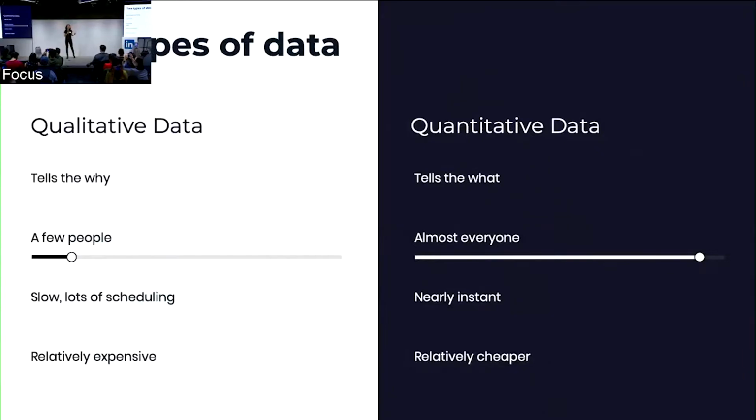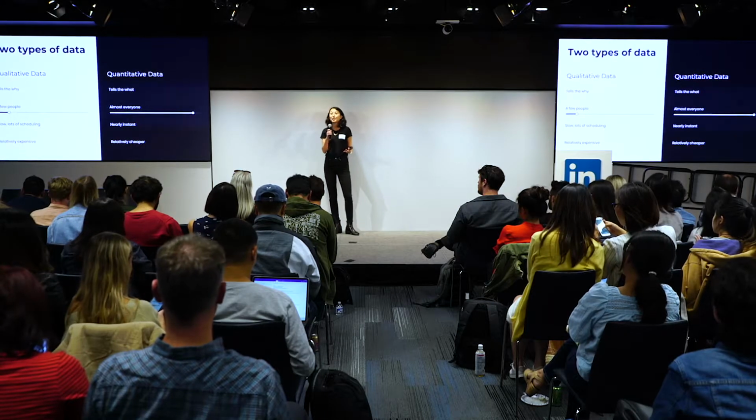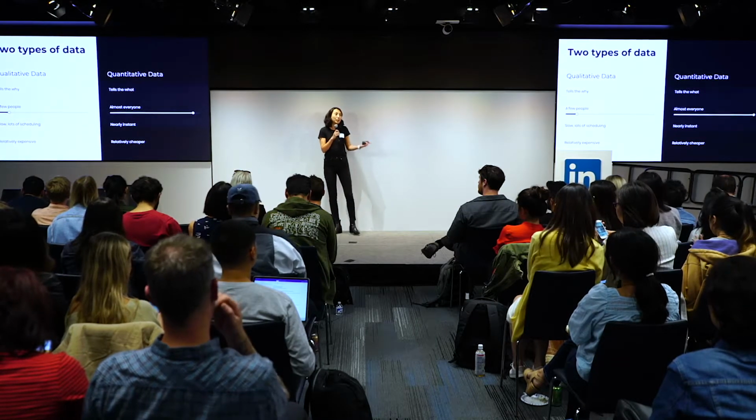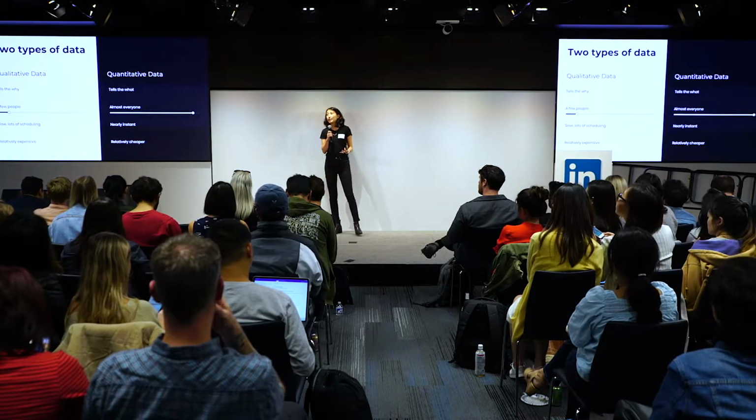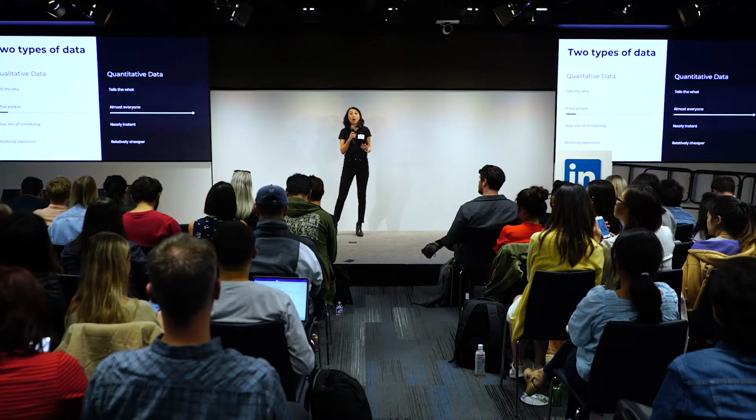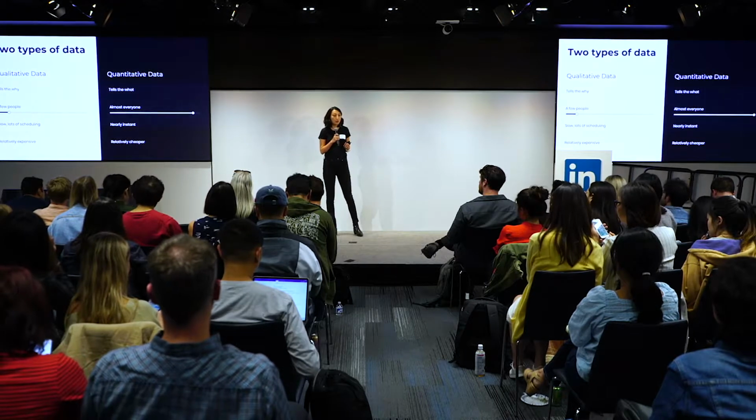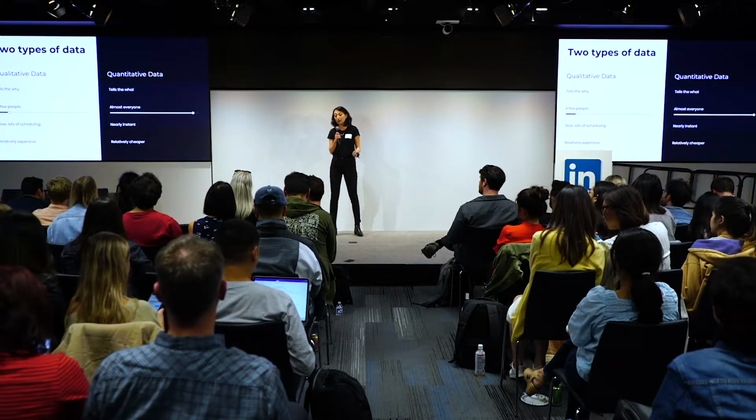Those are qualitative data that tell us why, and we get to absorb users' emotions and feelings. And quantitative data on the other side, those are the numbers or analytics, those things designers don't like. They're good too. They have very different characteristics. It tells us what your users do in the wild. It tracks almost everyone who is engaging with your product.